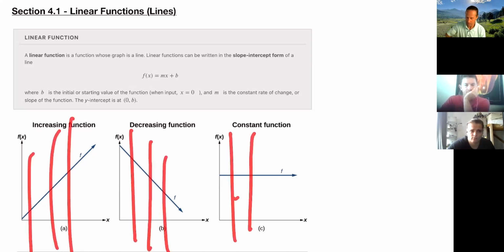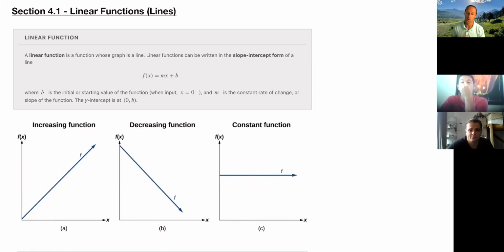And notice it passes all of those. You may also notice that there's one other scenario with a line that is not there. And that is whether we have positive slope, negative slope, zero slope, it's just flat, we call a horizontal line, but there also could be a vertical line.